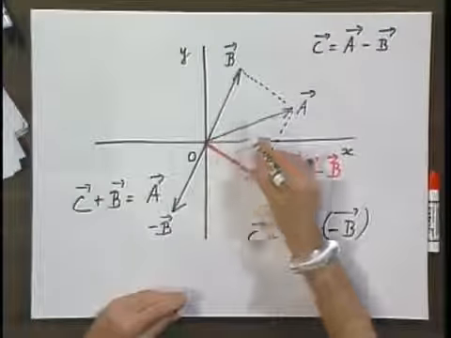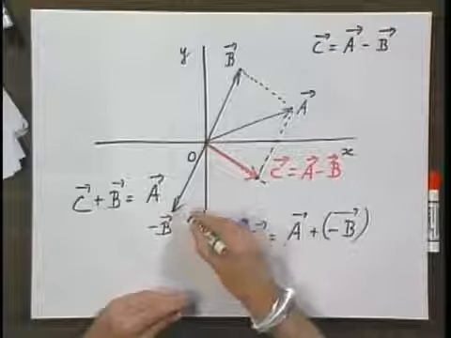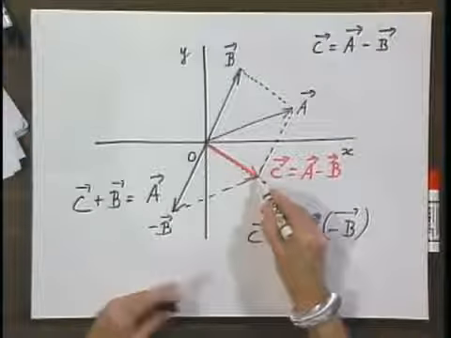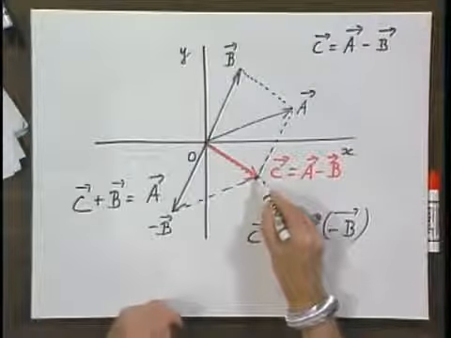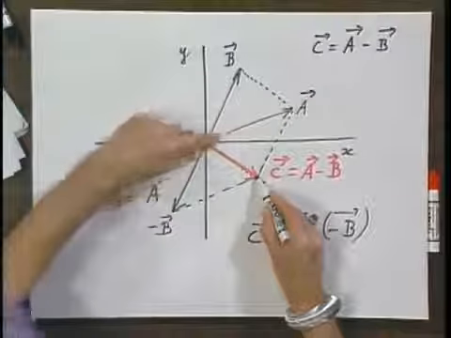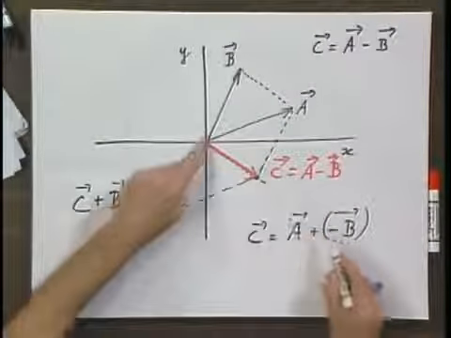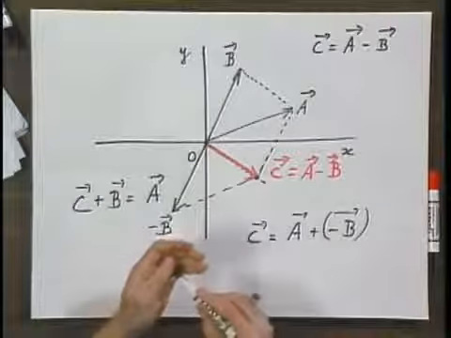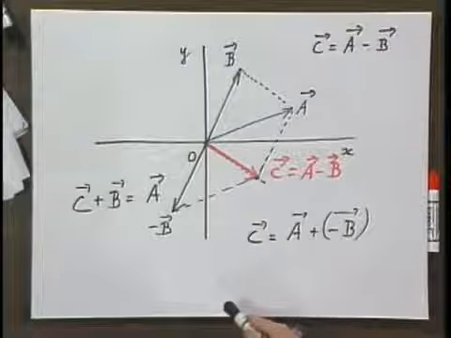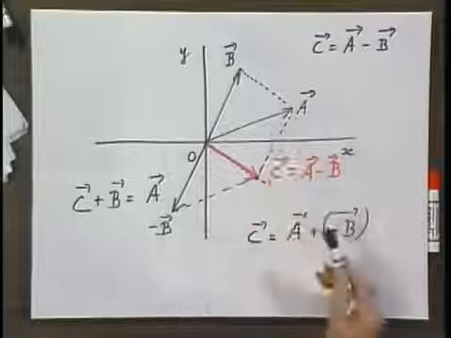I make a parallelogram. There we go. And where do I end up? Right here. So notice that the sum of this vector and this vector, according to the summation rules, indeed give me this vector. And so this is a nice way of sort of seeing in your head geometrically what it means when you subtract vectors.